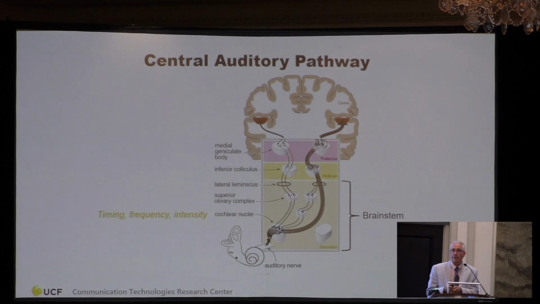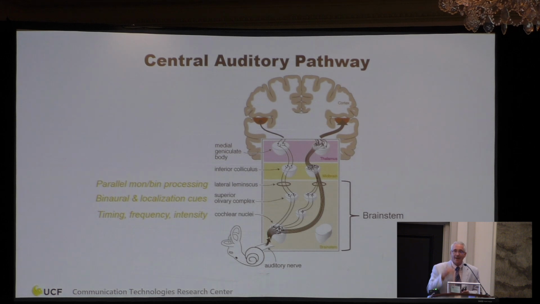The cochlear nucleus is specialized for beginning to code the important timing, frequency, and intensity cues that we learned about in some of the earlier talks. The next stage is the first place where the brain gets signals from both ears, so it can start to compare sounds coming from both ears, giving us binaural cues or sound localization cues.